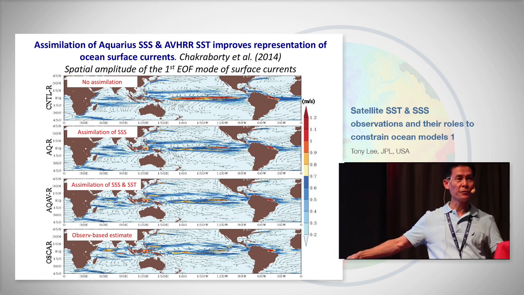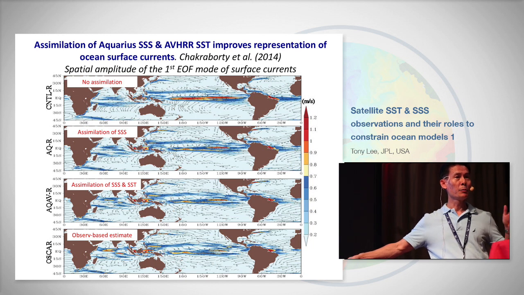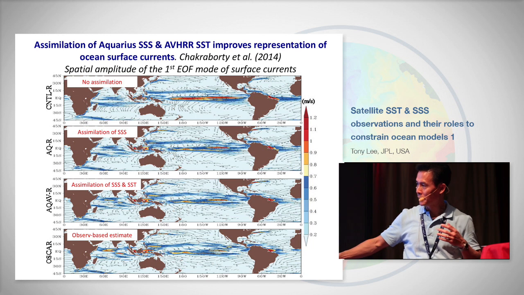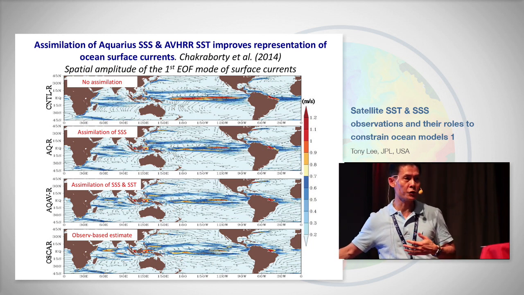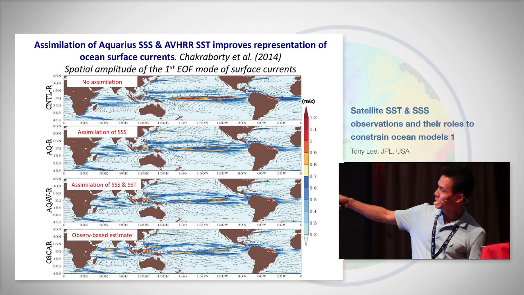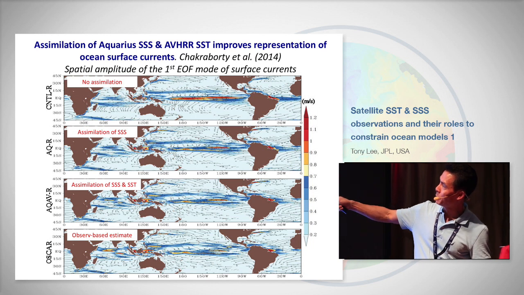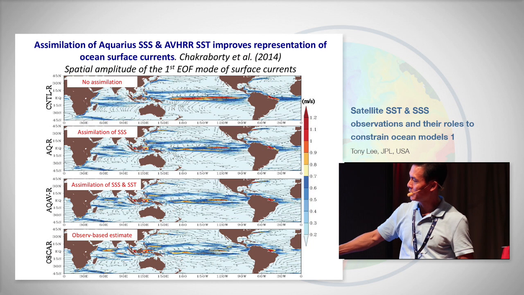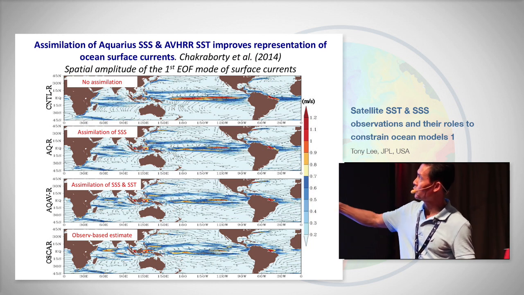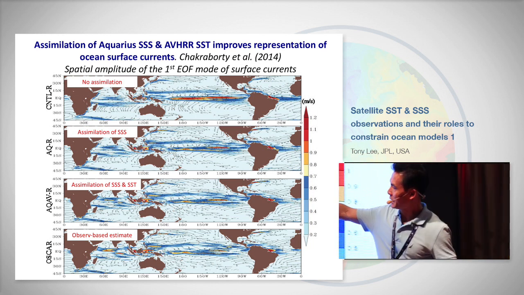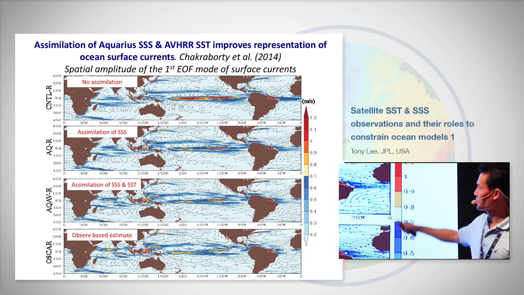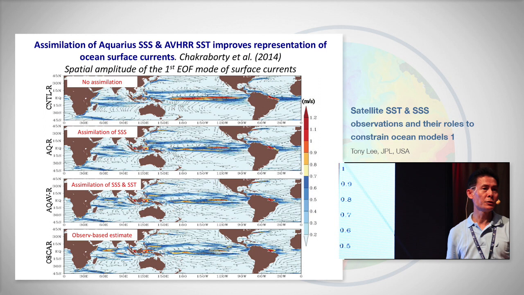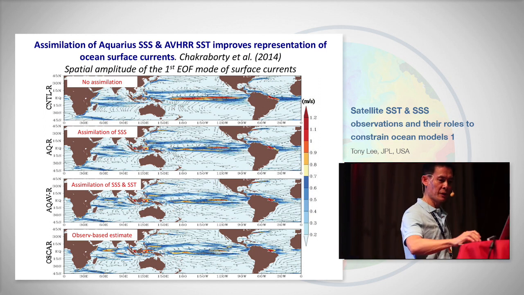And this is from the independent estimate based on satellite observations of sea level and wind, and this is the OSCAR ocean surface current product. So you see that initially the model without data assimilation really exaggerates the current in the tropical Pacific, and it underestimates the current in the tropical Indian Ocean. So as you add the data, it progressively gets closer to the observations.